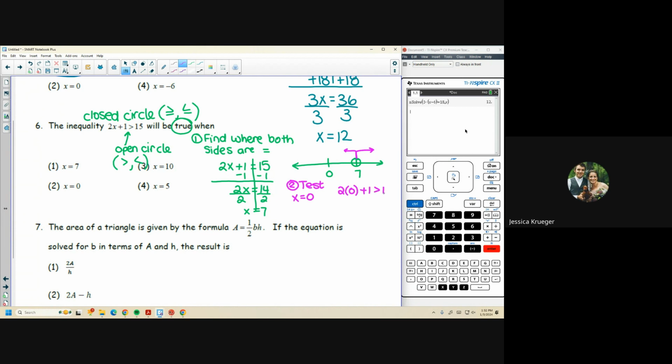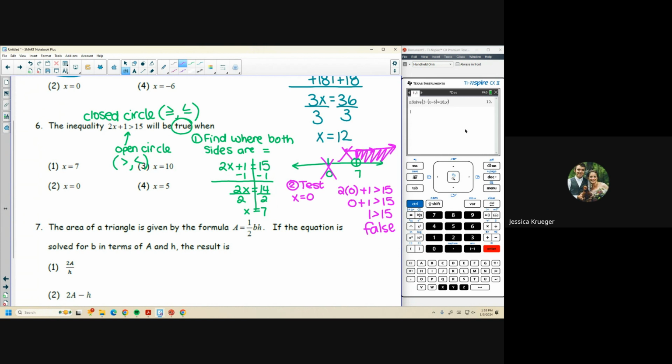I want to see, is that greater than 15? So 2 times 0 is 0, and I get 1 is greater than 15. Well, that is false. So that means 0 cannot be part of my solution. I cannot shade this direction. That means my solution is up here.